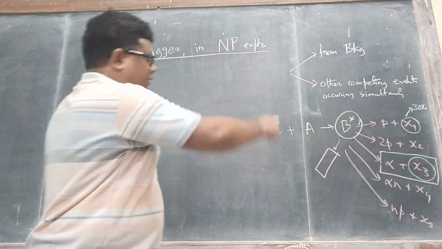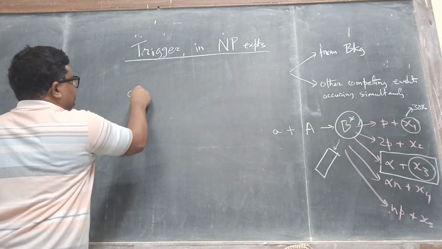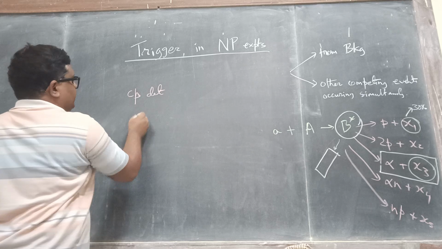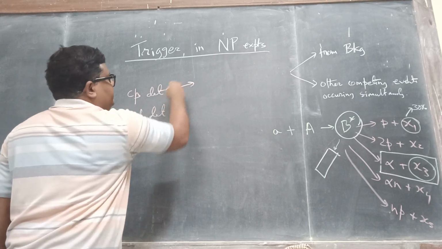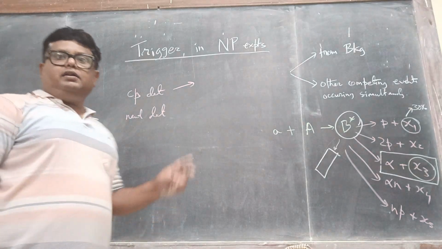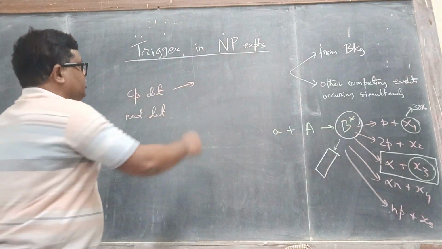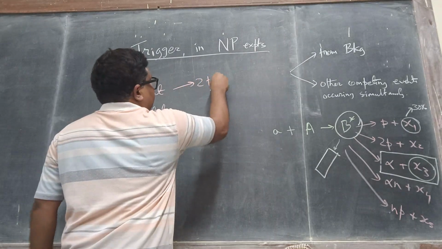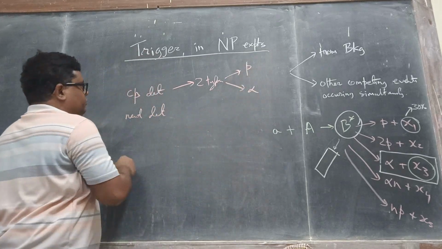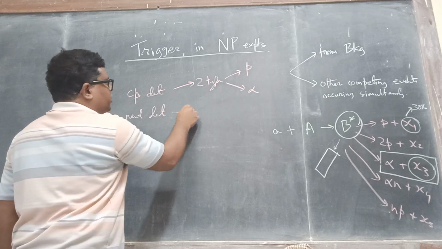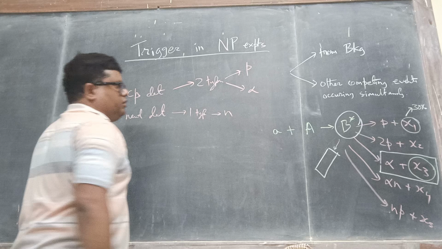Say for example, in this particular case, let me use a charged particle detector, CP detector, then a neutron detector. The charged particle detector I am using again of two types, one for proton, one for alpha, and the neutron detector is again only one type, just for neutron detection.